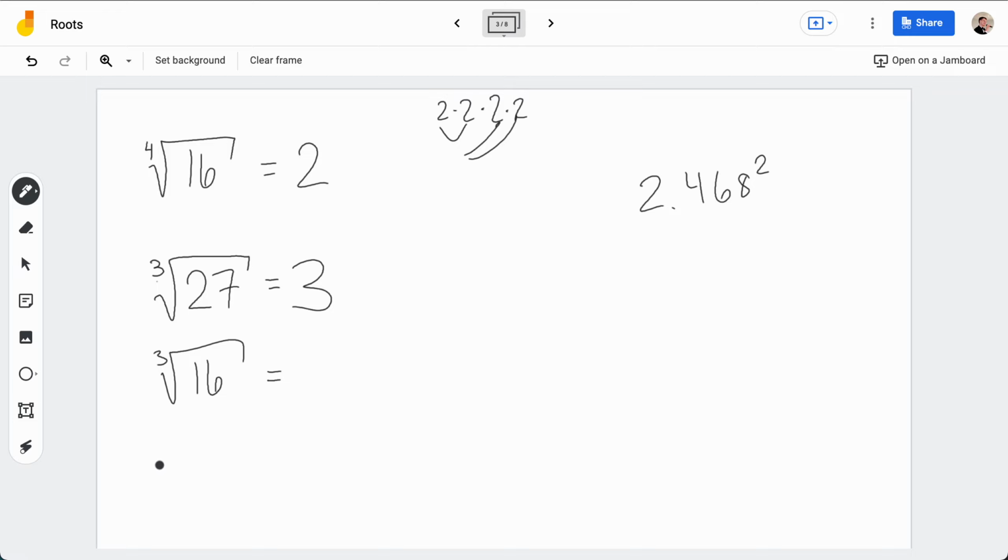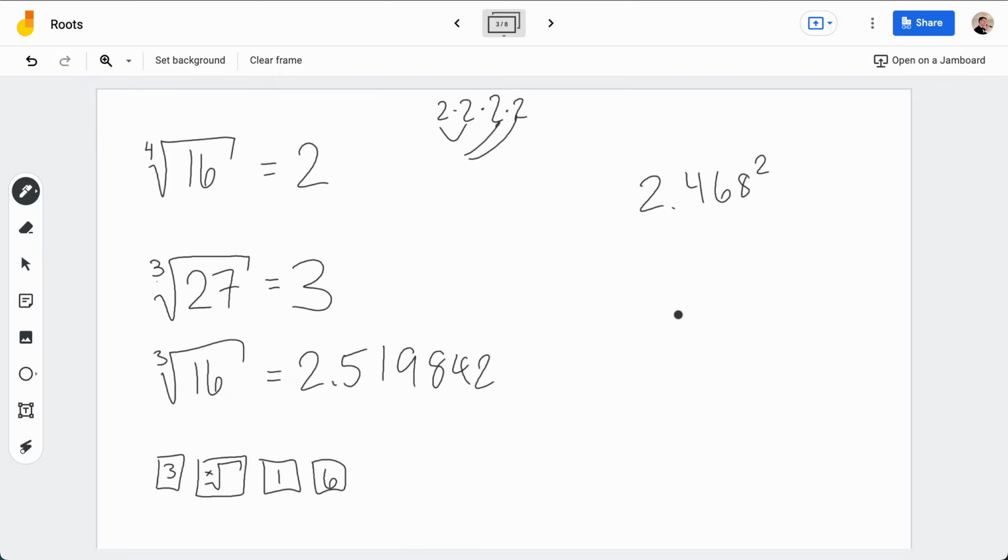So you'll just type in the button 3, and then the button that looks like this, and then you'll type in 16. And if you hit enter after that, then it should give you a funky decimal, something like 2.519842, and so on.